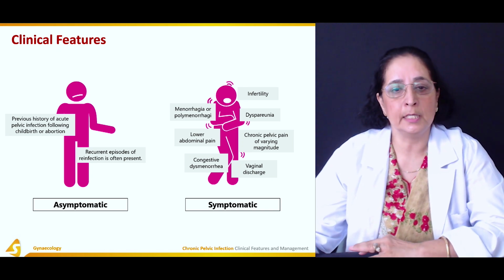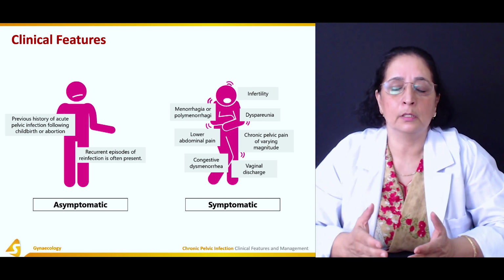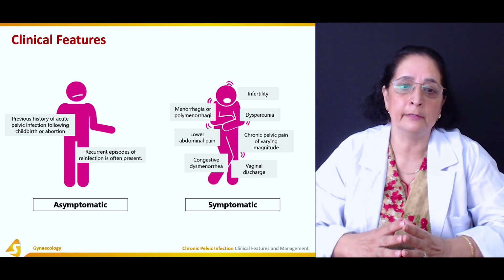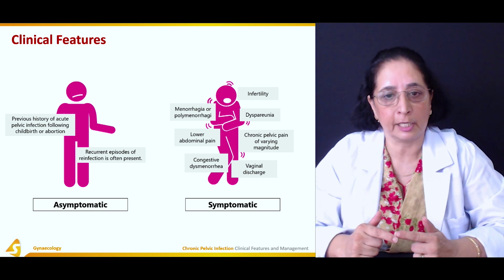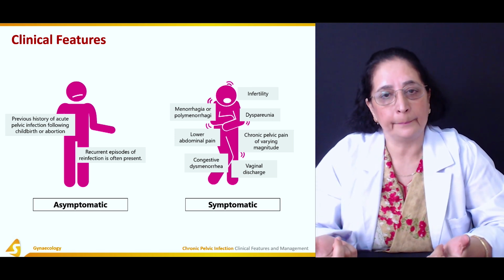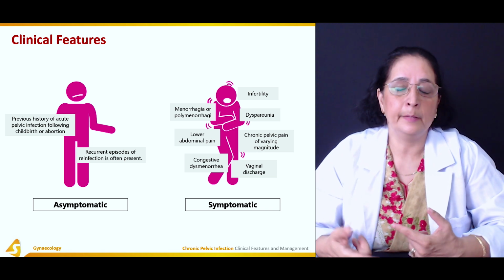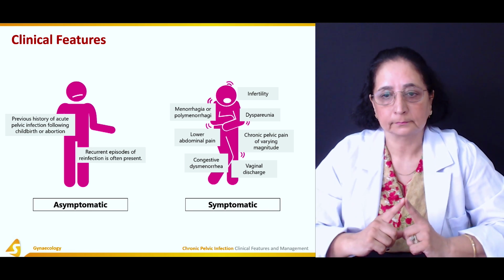So if patient is asymptomatic, the physician suspects that it might be chronic infection because there is history of previous pelvic infections due to childbirth or abortion, or there may be history of recurrent pelvic infections.